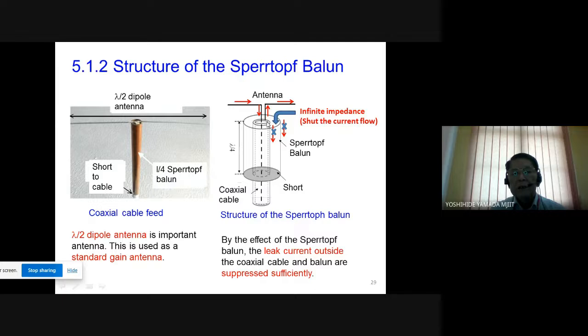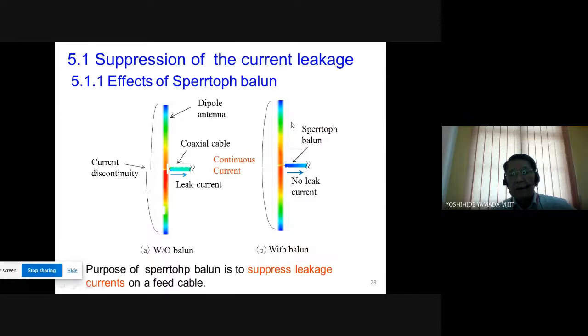So most of the outer conductor current is guided to the antenna. So by attaching this sleeve-top balloon, the current on the left side and right side become almost the same, as in this result.